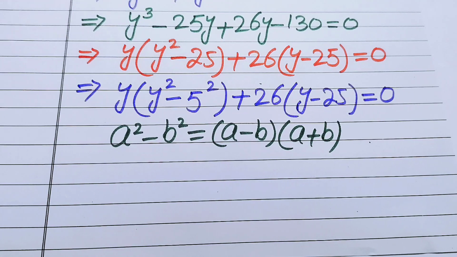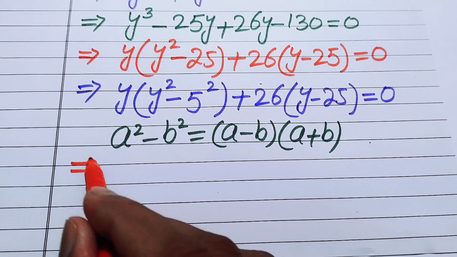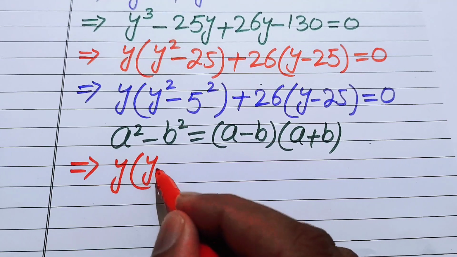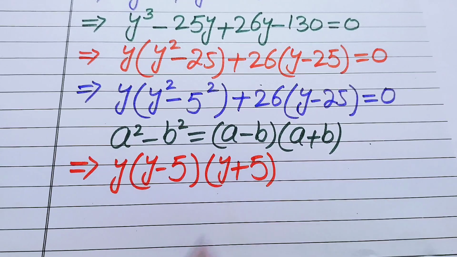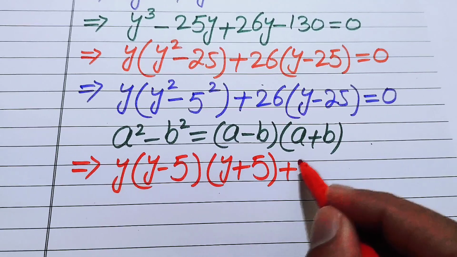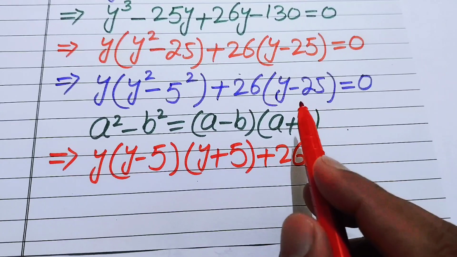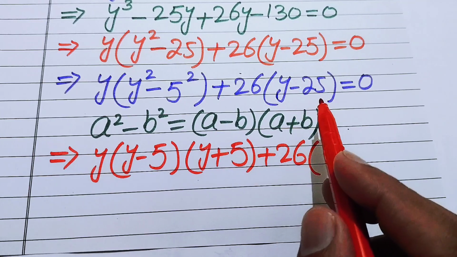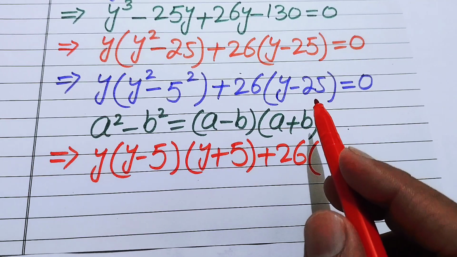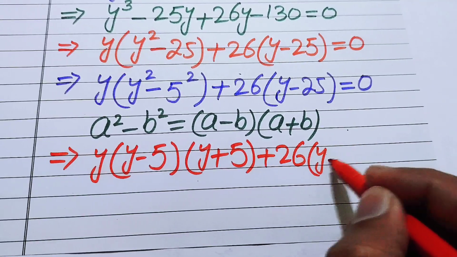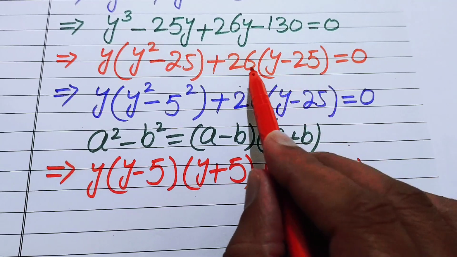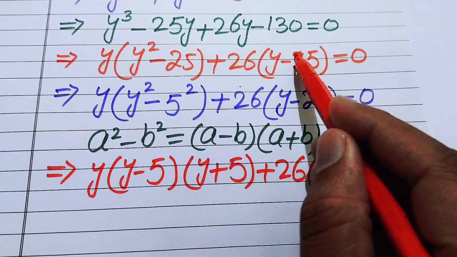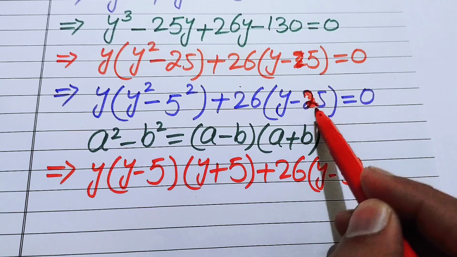So we use this identity here, and we again rewrite our above equation as y times y minus 5 into y plus 5, plus 26 into y minus 5. Here we made a little mistake, because when you take common 26 here, you will get only 5, so this term should be only 5.